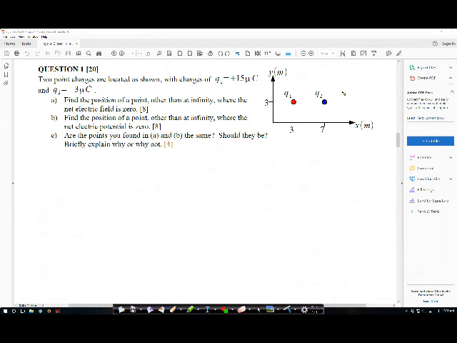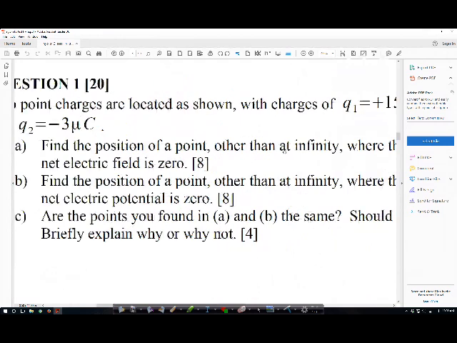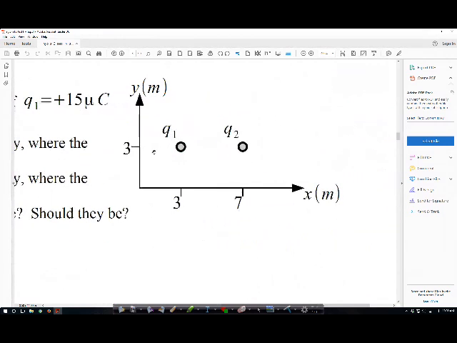So what I'm going to do, I'm going to erase this so that I can zoom in here. I'll dedicate the screen to this for a second. And again, we had positive Q1 and negative Q2. So I'm using red for the positive charge, and I'll use blue to represent negative.